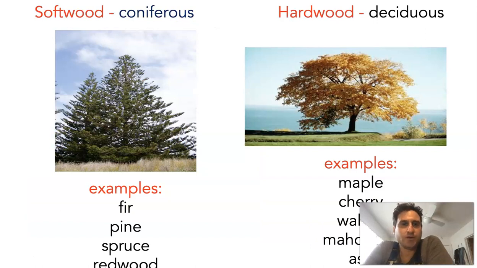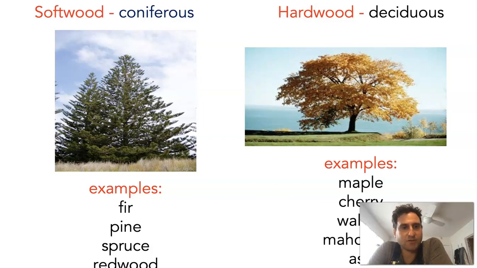Softwood and hardwood are differences that are based on the tree that that wood comes from. And the main distinction is that softwood is coniferous, meaning that it comes from a conifer tree, also known as an evergreen type tree, whereas hardwood comes from a deciduous tree, meaning that the leaves on a hardwood tree fall off in the winter.